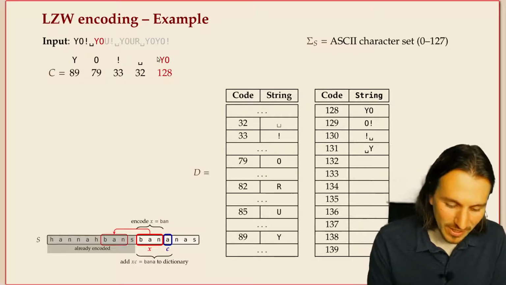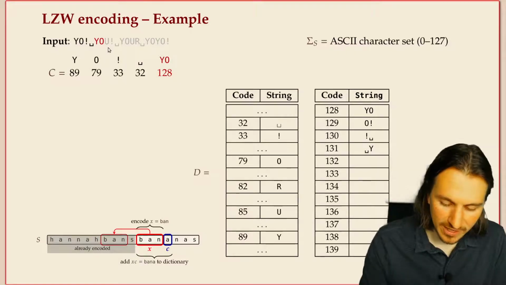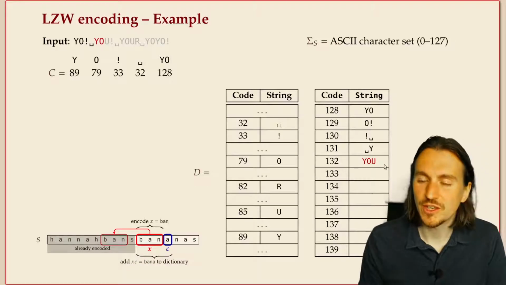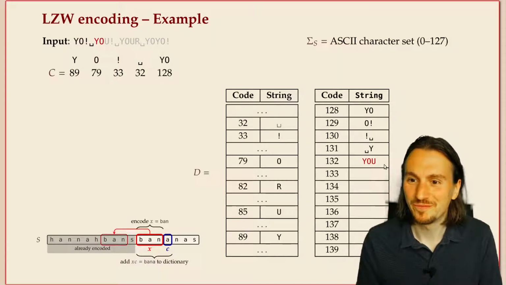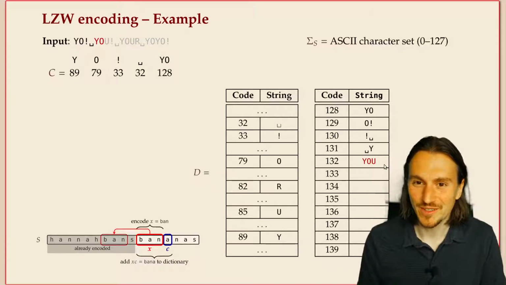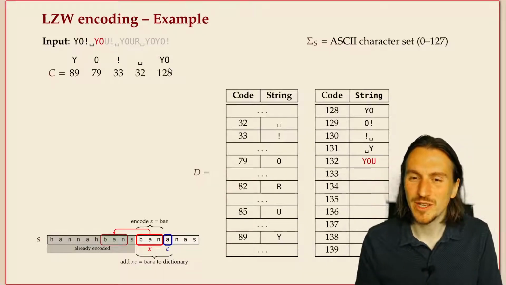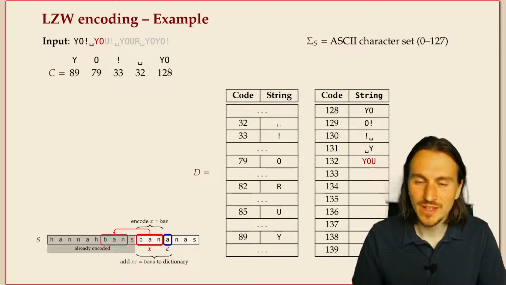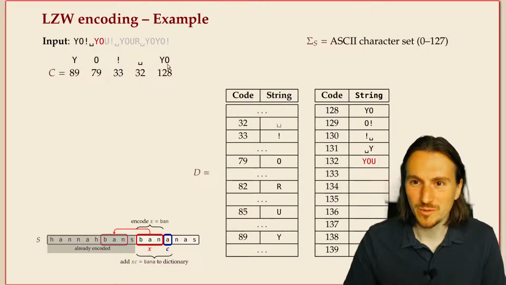But we do the same thing. We store this phrase. It represents those two characters, yo, and we add you to the dictionary because that's the next character, yo plus one more character. All right, see how this goes and see how this eventually starts to save space as you see more and more of the text. If these things show up again, you will represent larger and larger parts with the same fixed length code words.